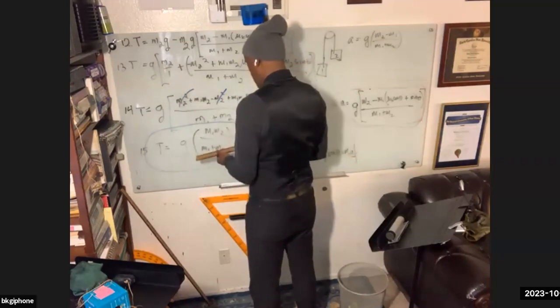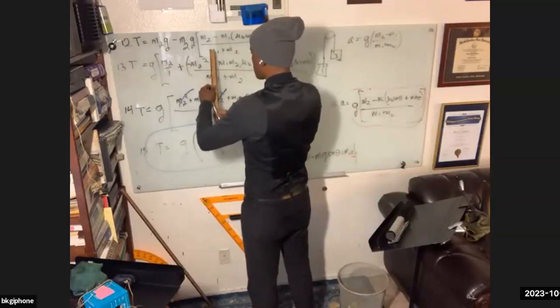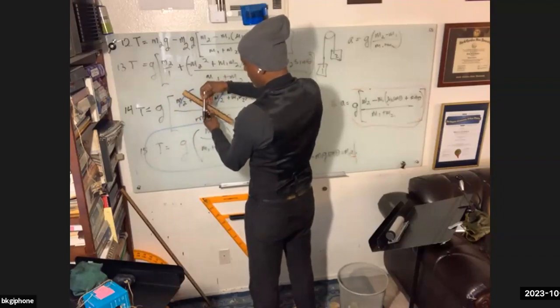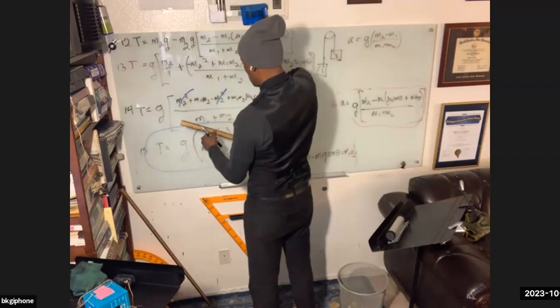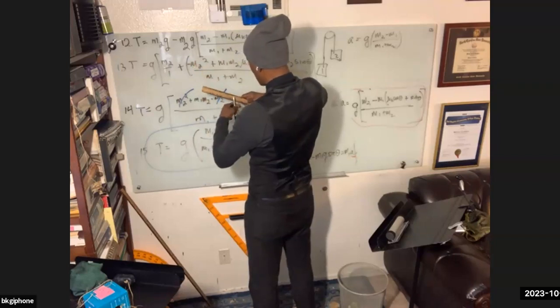It might not be obvious what I'm talking about, but I'm looking at the y-axis on this plane, and gravity is straight down.